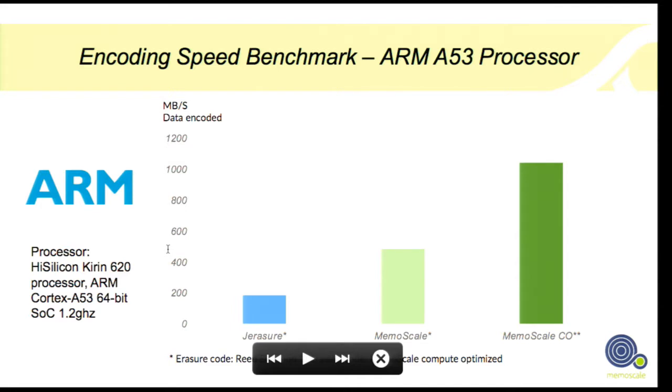But still, it's interesting to see what is possible to get done on this one. Here we have 200 megabytes per second with the Jerasure library. With our Reed-Solomon implementation, we reached about 500 megabytes. And with our compute-optimized code, we are at about 1 gigabyte per second.